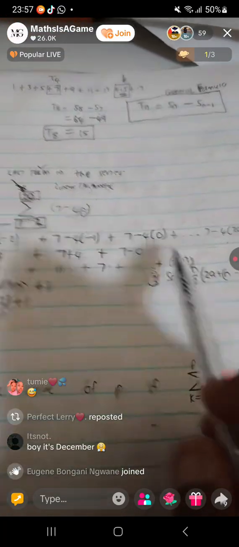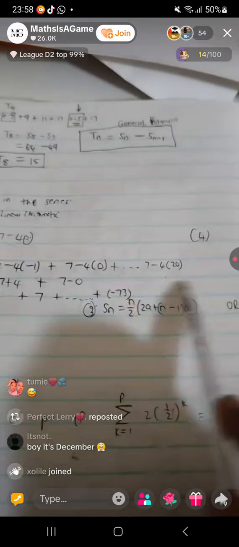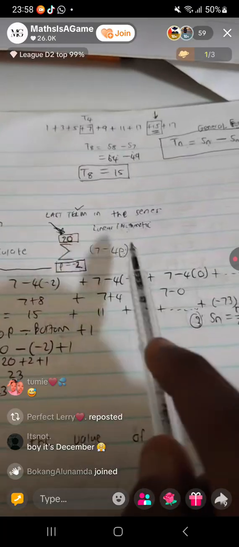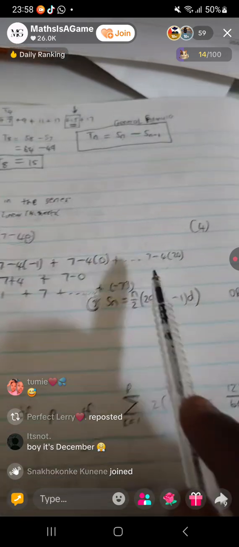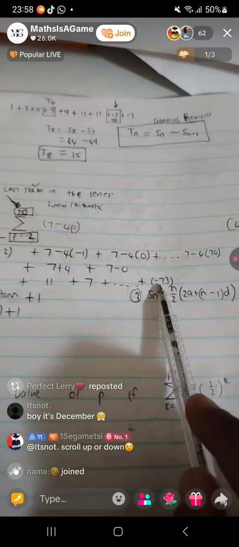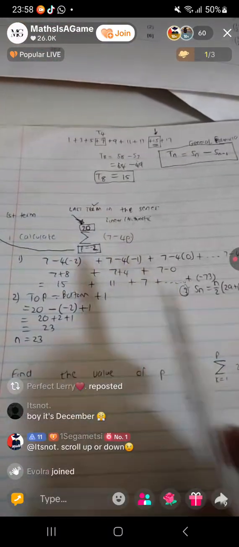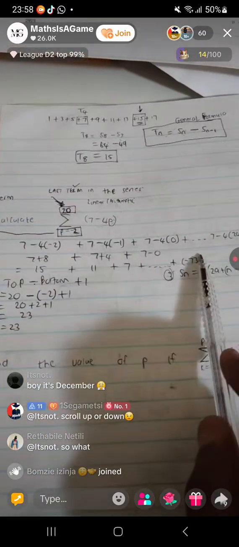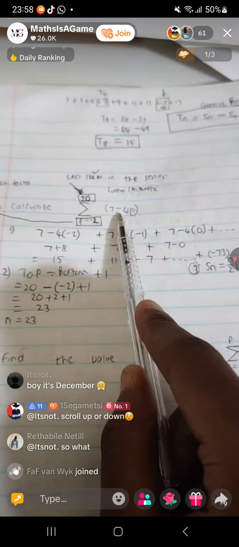And of course, the very last term in the series, which is further along, is when we substitute the 20, which is at the top there. 7 minus 4 times 20, which is 7 minus 80, gives us -73. Okay, are we together, guys? So all in all, that's how we get the terms in the series: the first 3 and then the last one by substituting the top value in the nth term.